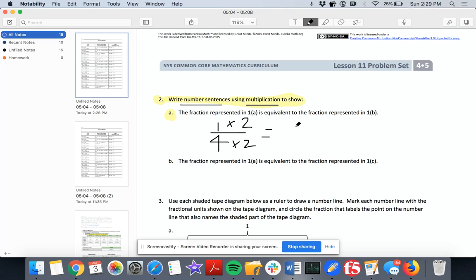And then we know that 1 times 2, simple, that's 2. 4 times 2, let me list my multiples to be sure: 1, 2, 3, 4. 4 times 2 is 8. So I can say that 1/4 is equal to 2/8. Okay? And then you're going to go ahead and apply that level of thinking to 2b.